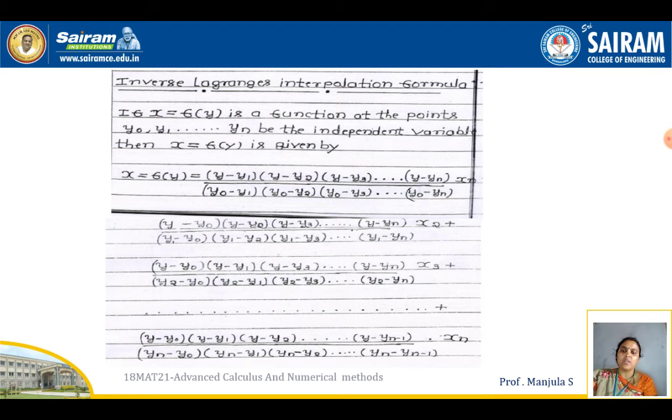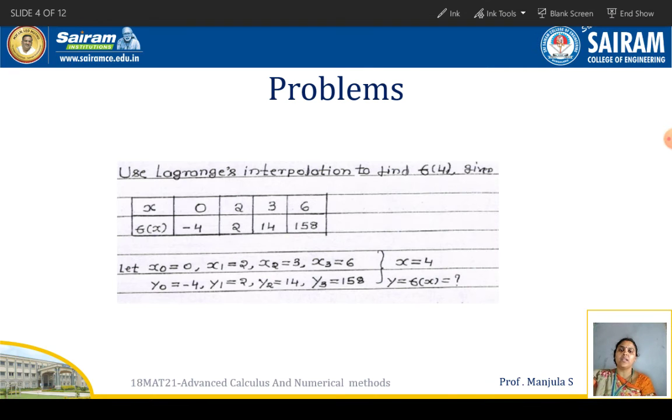The next term is (y minus y0)(y minus y2)(y minus y3) and so on, with denominator (y1 minus y0)(y1 minus y2)(y1 minus y3) and so on, into x1. So up to the nth term we can define. This is the inverse Lagrange's interpolation formula.